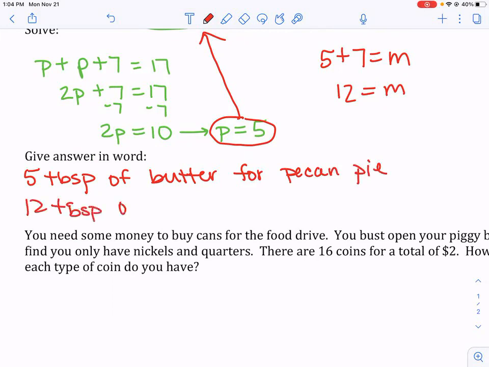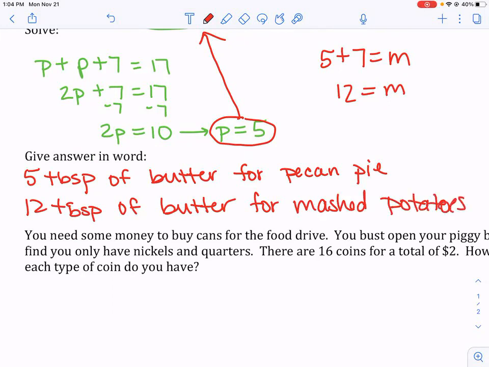Oh, we have to write in math. Heaven forbid. But I now know that I need 17 tablespoons of butter. So I need over 2 sticks of butter. That's good to know.